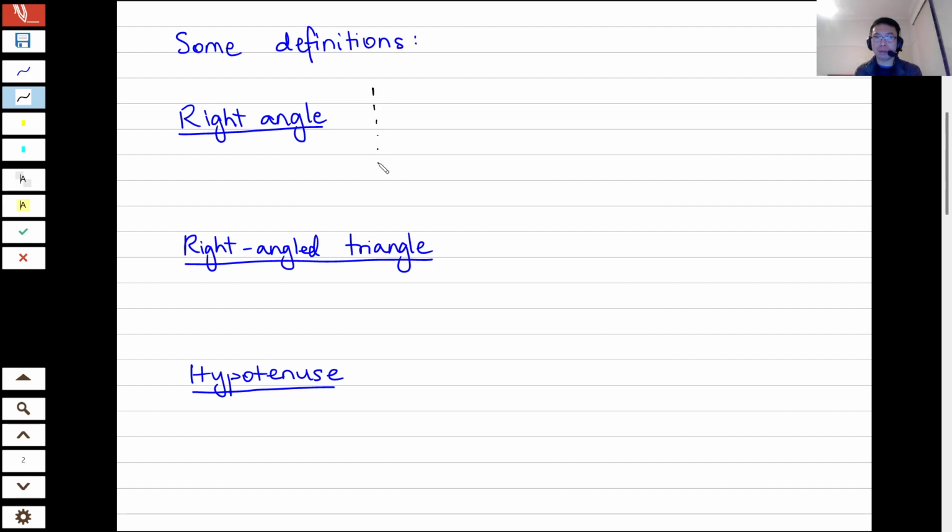Before I get to the right angle, I want to start with talking about a full rotation. Imagine I start at some point, I turn around, and go all the way back. This is 360 degrees, or a full rotation.